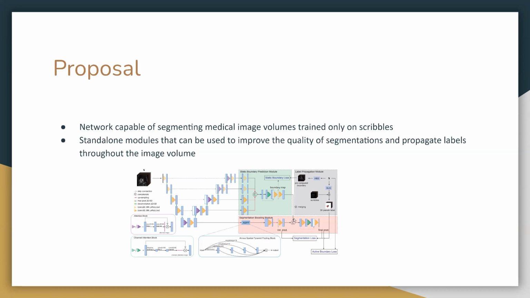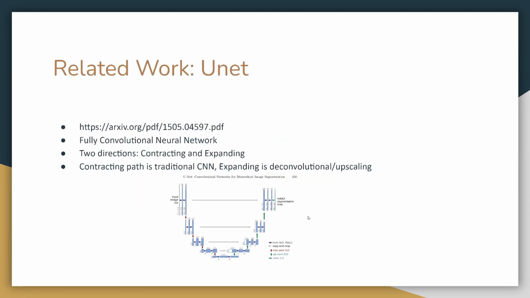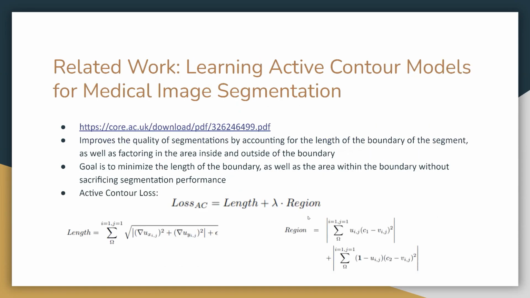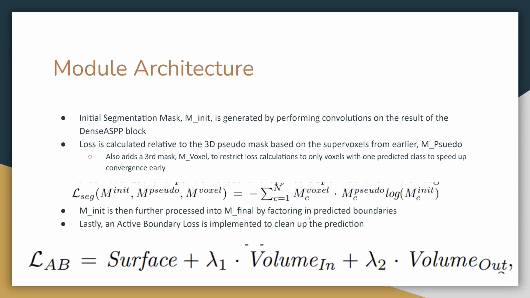So you can see the result of this mfinal, this final segmentation mask, now factors in the predicted boundary for the segmentation. So you have this minit and mfinal, which takes the same structure as this segmentation loss, except with mfinal instead of minit.